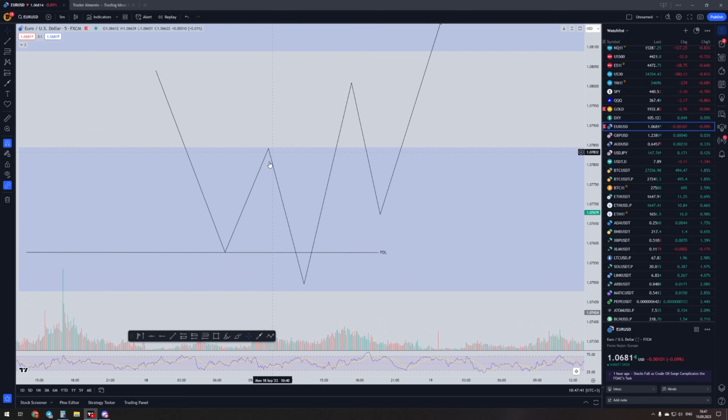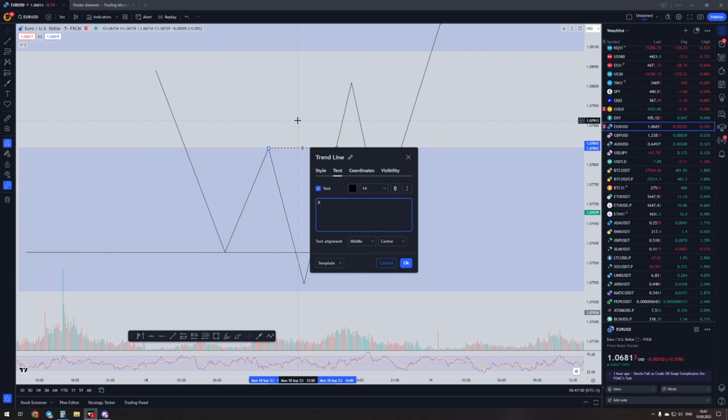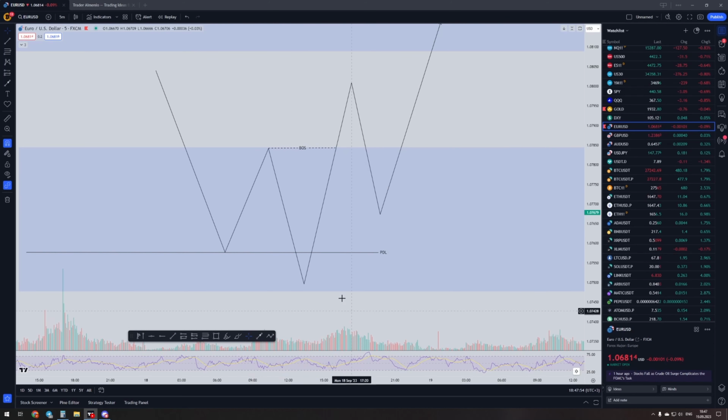It's very important: I'm waiting for a break of market structure. Right here, this is our break of market structure. As soon as we have this break of market structure, I always watch for a test. Also, it's very important that this break of market structure comes with imbalance.